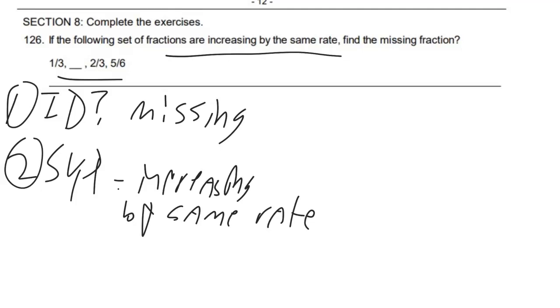So if they're increasing by the same rate, we have to find out what that rate is. And in order to find that rate, we're going to take the two fractions that are next to each other, because that's how we'll find the rate of the increase. So I'm going to take my 5/6 minus my 2/3.